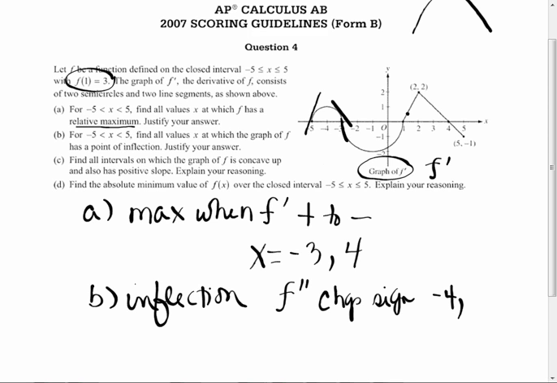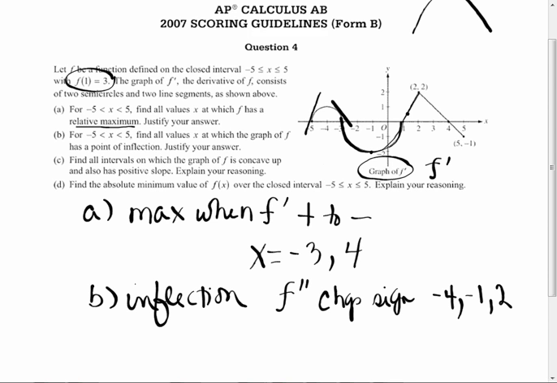Stays negative. Now it becomes positive, so -1. Stays positive, and at 2 it changes. Doesn't matter that that's undefined. If this derivative is 0, that means it's going to be smooth. If it's undefined, it's probably going to be a sharp corner. Okay, that should be right.